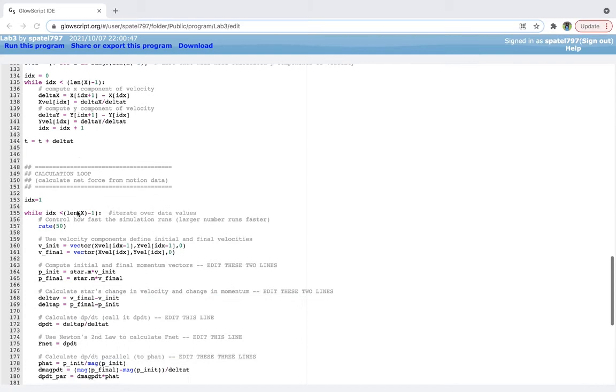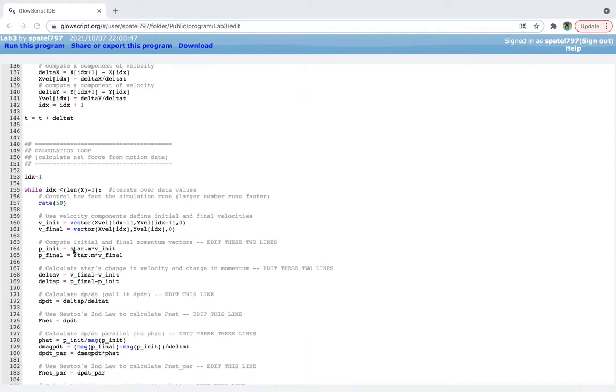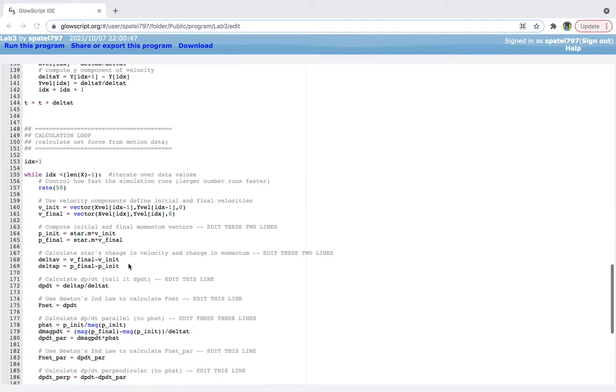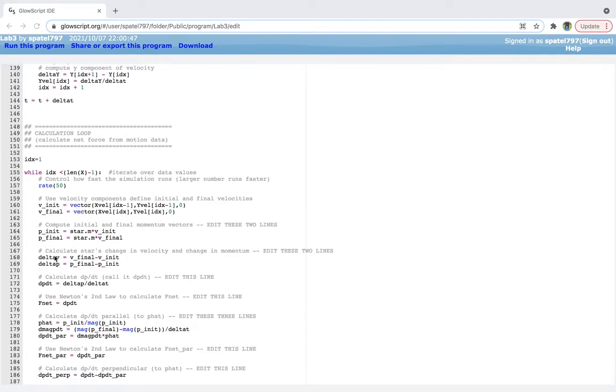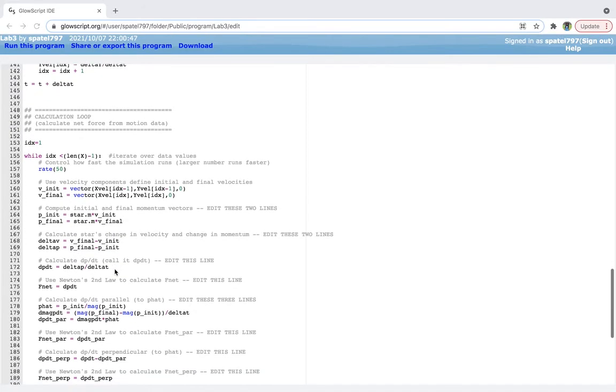Then we have to define our initial and final momentum. Momentum is generally defined as mass times velocity. So to find initial momentum, we did the star's mass times the initial velocity, and to find final momentum, we did the star's mass times the final velocity. Delta v and delta p are the change in velocity and change in momentum respectively, and those are defined as normal: velocity final minus velocity initial, and momentum final minus momentum initial.